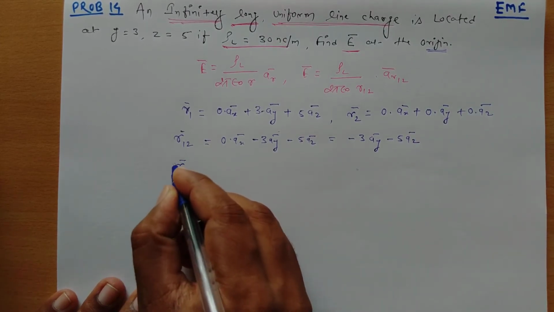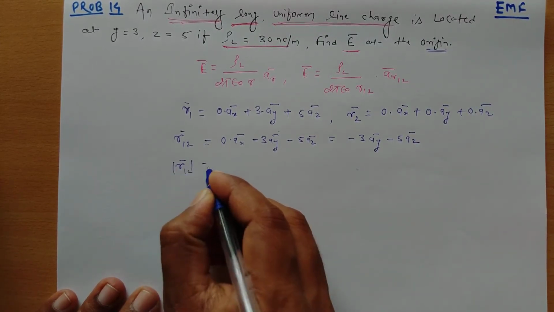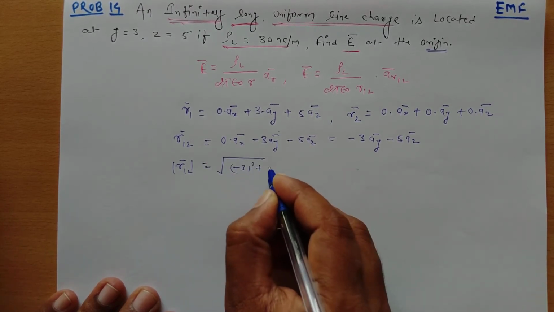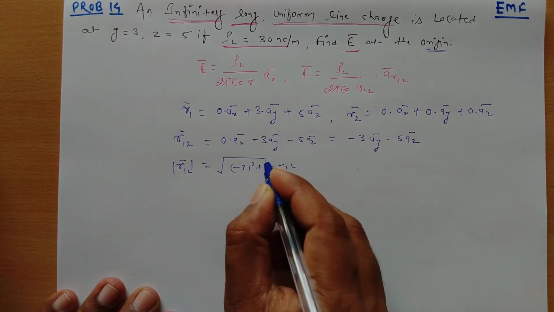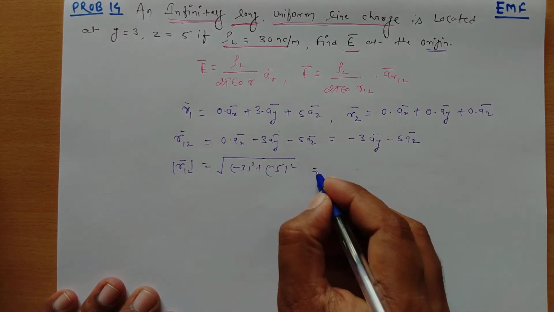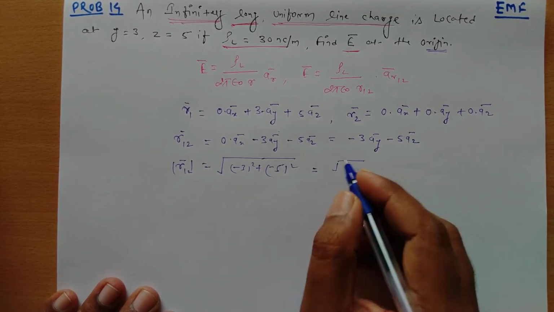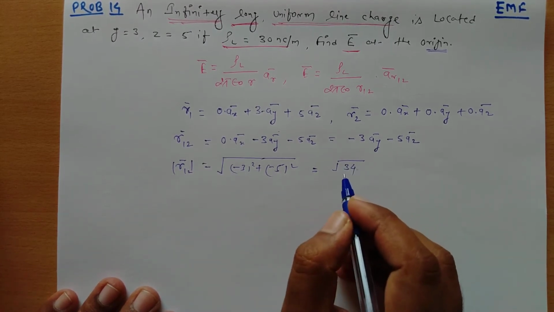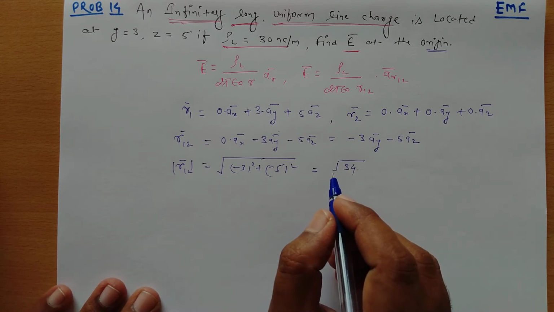If we need to find the mod of R12, it becomes minus 3 square plus minus 5 square, which comes to 34. So it is under root 34, okay.